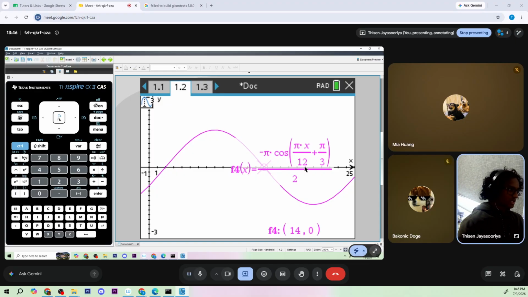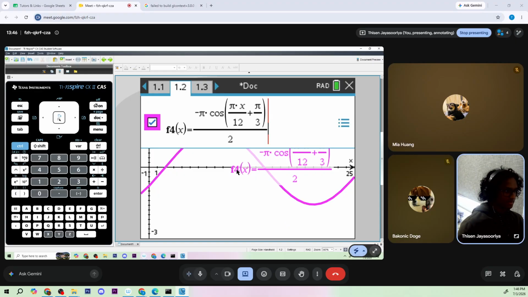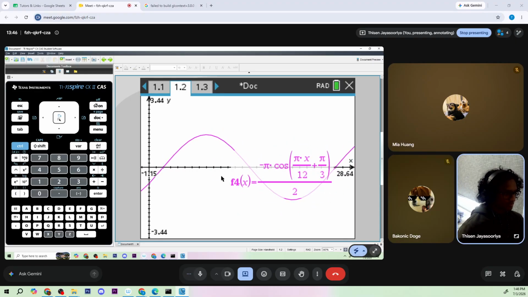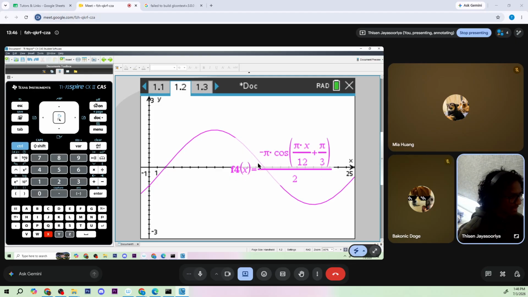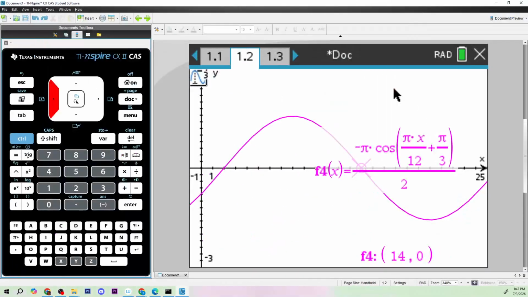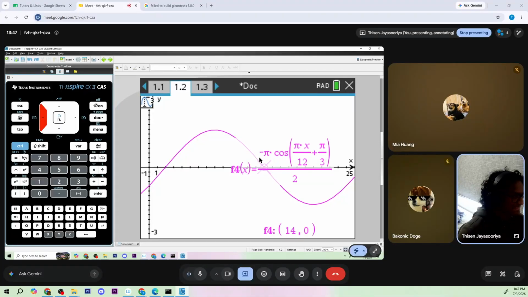Instead, I'm looking at the function. When it hits the median line, it's going to experience a turning point. If I go menu 5, 1 and sketch here, I can see it hits that median line at 14. Because we care about when it's most rapidly decreasing, this is when it's decreasing.